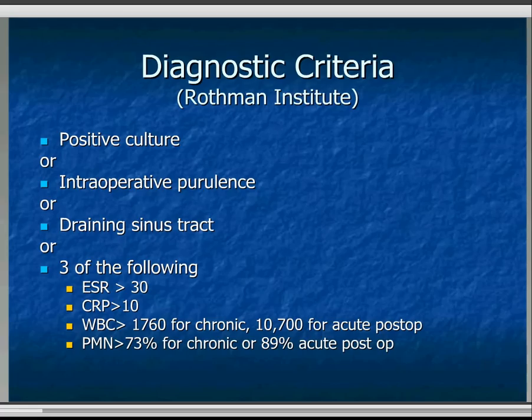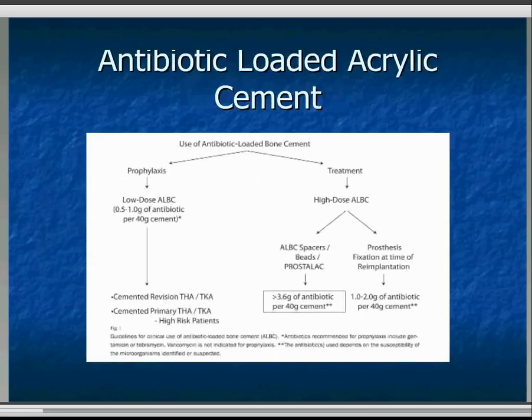And then anyone who has 3 of the following: either a raised ESR, a raised CRP, a raised white cell count in the synovial fluid, a differential white cell count in the synovial fluid, 73% for chronic infection equals a deep infection.